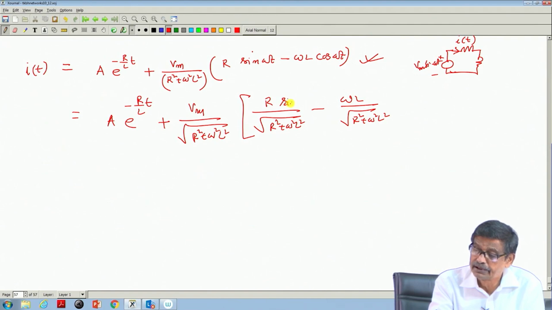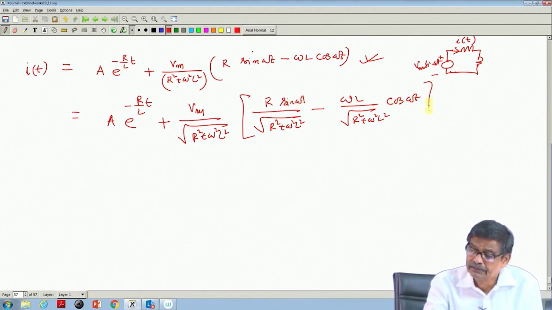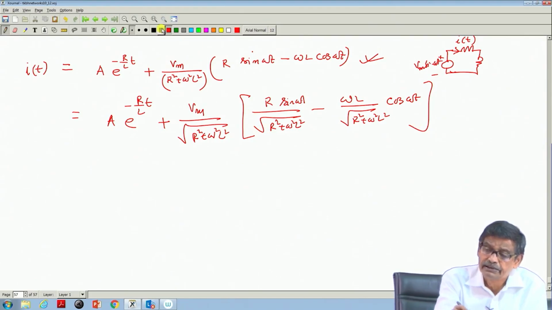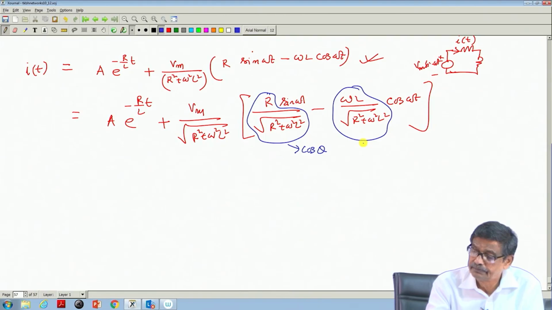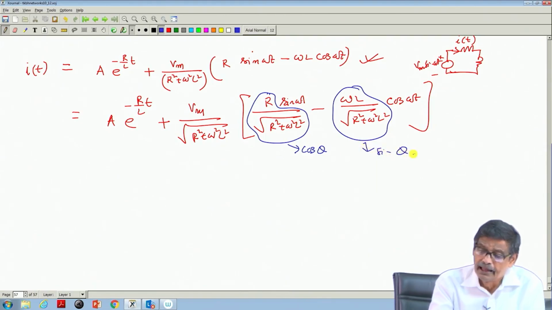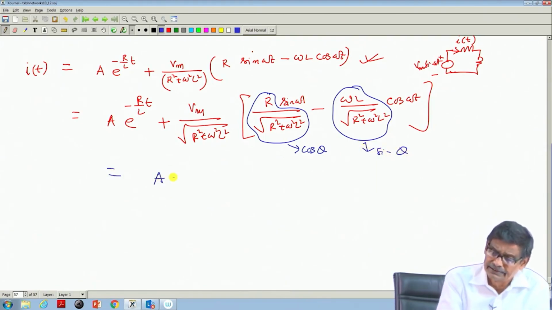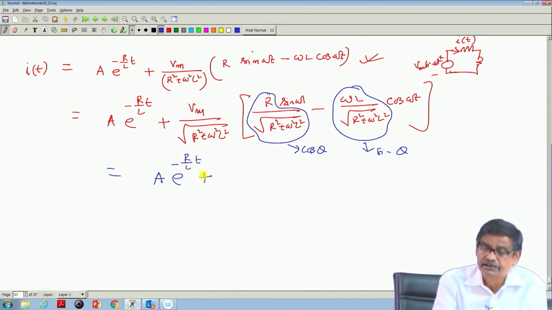Here is sin omega t and here is cos omega t. Then you define this term r by this as some cos theta, then this has to be sin theta, and then you get the same answer as I have got earlier by using k1, k2 etc.